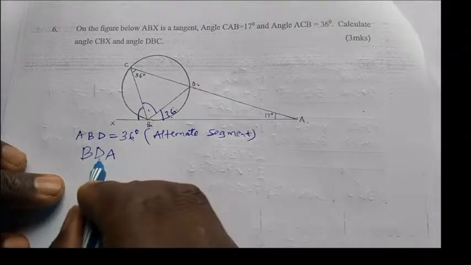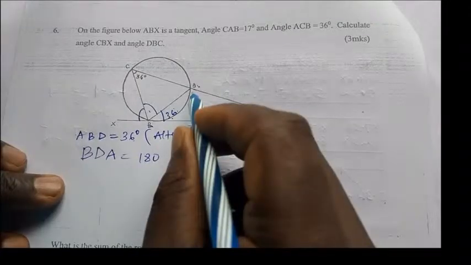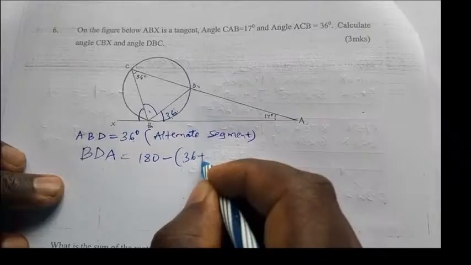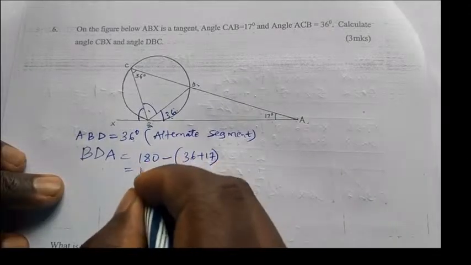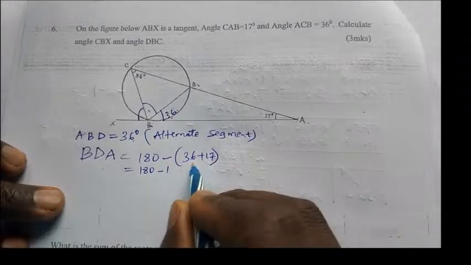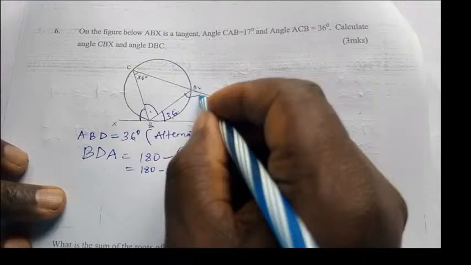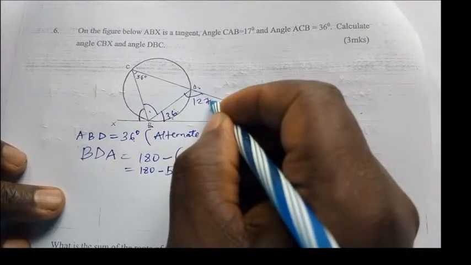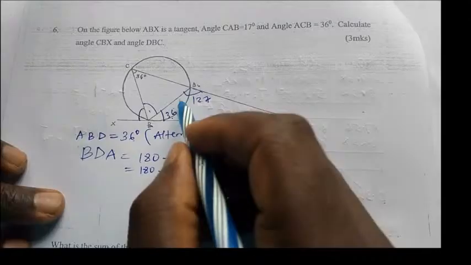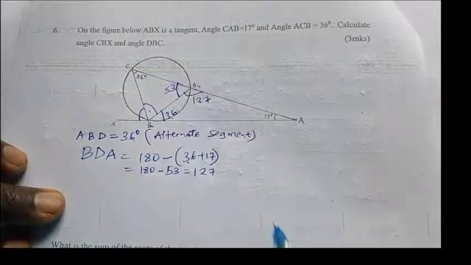Therefore, BDA would be equal to 180, the total angles, minus 36 plus 17. So this one would be 180 minus 53. Here is 127. So since this is 127 and this is a straight line, therefore the angle there is 53.